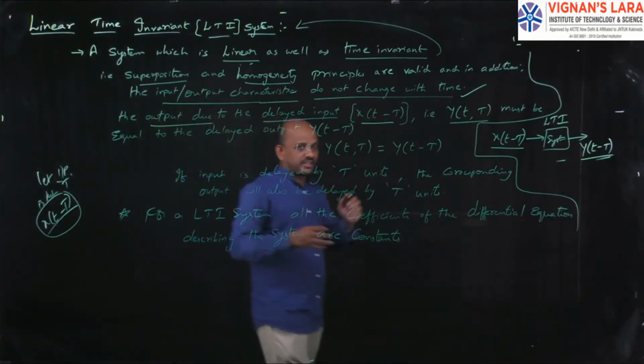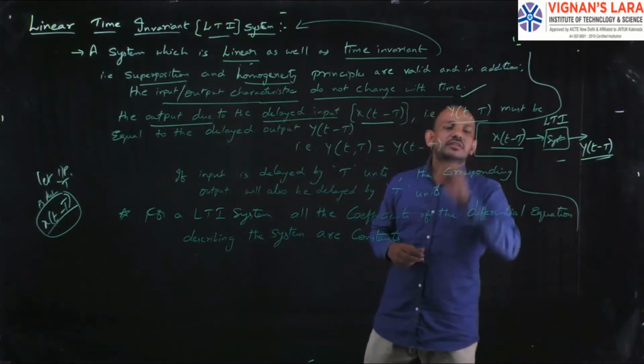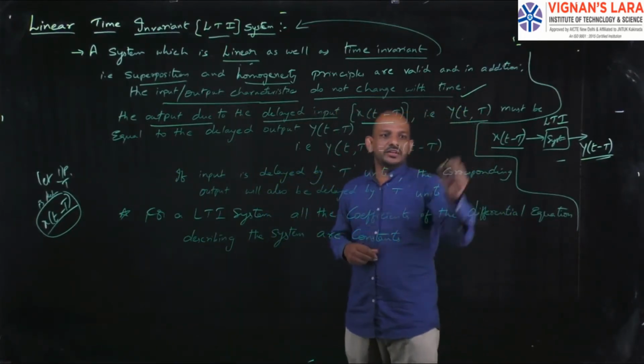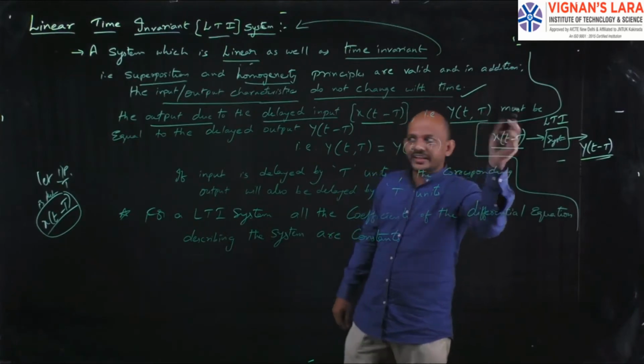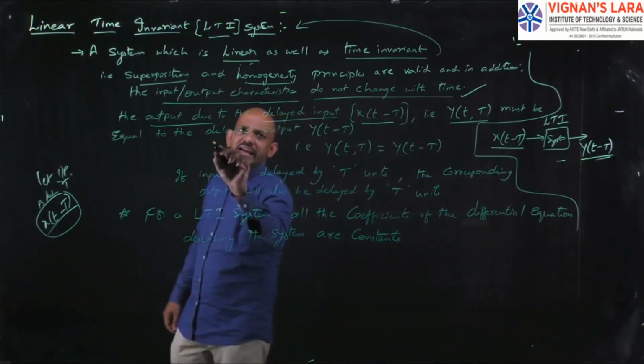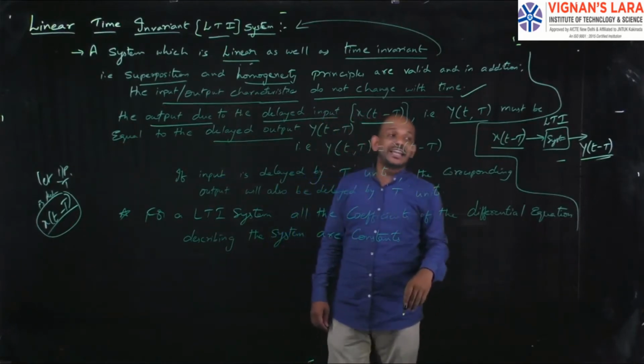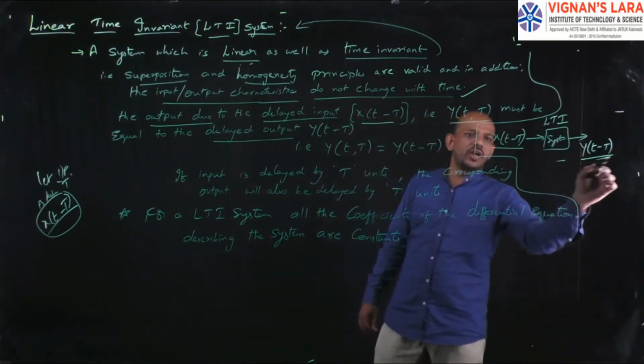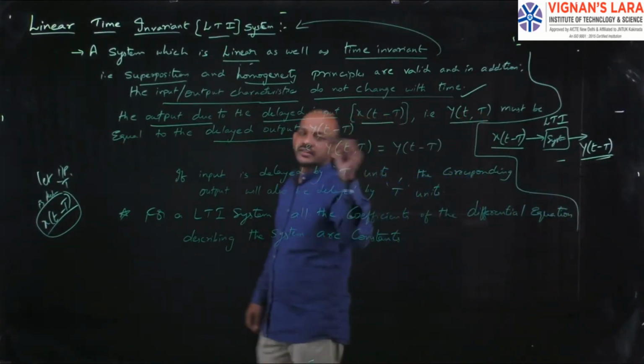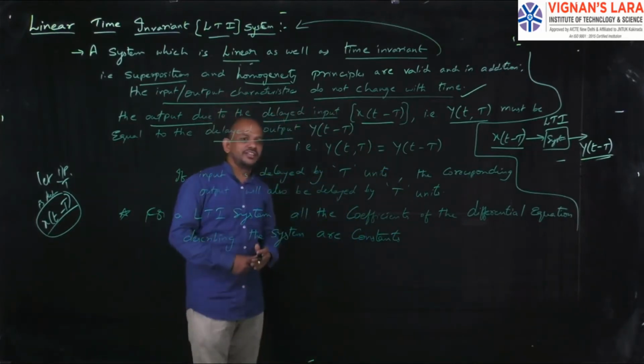I am representing that output as y of small t comma capital T. If that output is equal to the delayed output, y of t minus capital T, then I can say the system is a linear time invariant system.